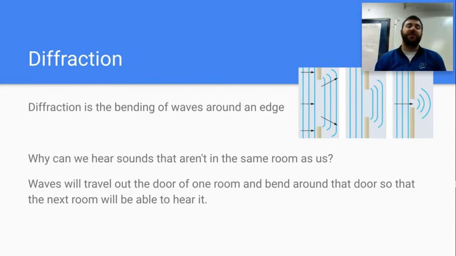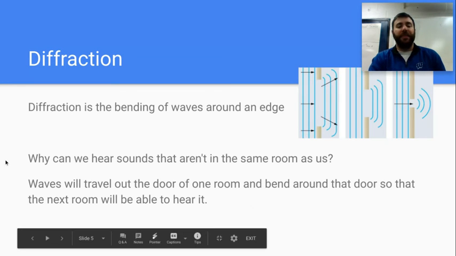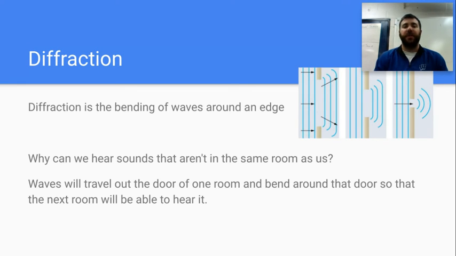Now, diffraction is the bending of waves around an edge. It's a little bit different than reflection. This is the reason why we can hear sounds that aren't in the same room as us. If you were in my classroom, the door is over here, and there's a big long hallway with other classrooms. Sometimes we can hear what other classrooms are doing. Why can we do that?